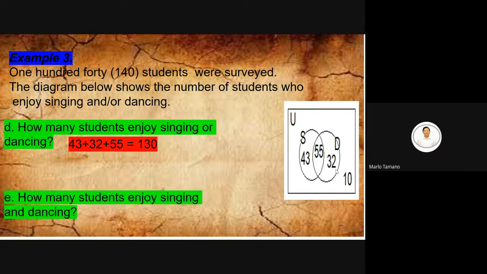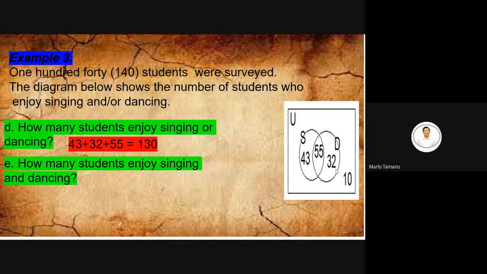Next question is, how many students enjoy singing and dancing? Enriquez po, sir. 5 po. Flores. Sandali lang po. Pakinggan ko muna si Enriquez. Enriquez, 55 po. That is correct. Okay? So, tinalo kayo ni Enriquez.